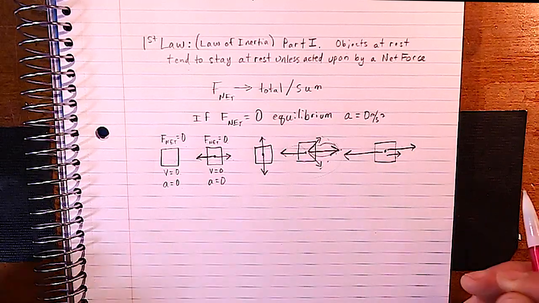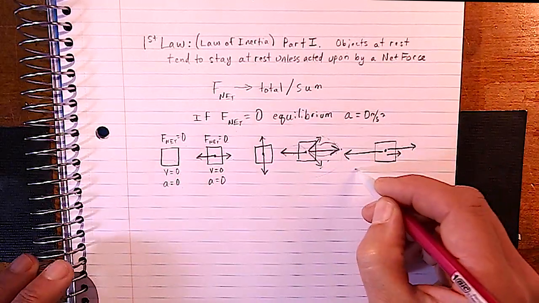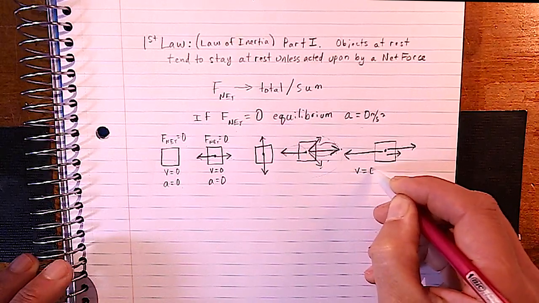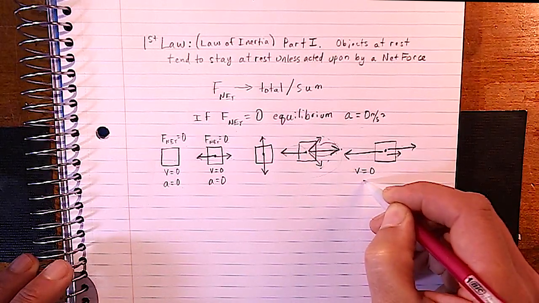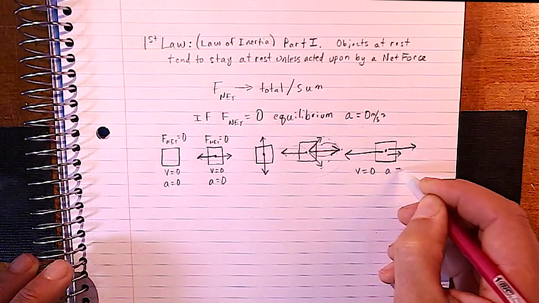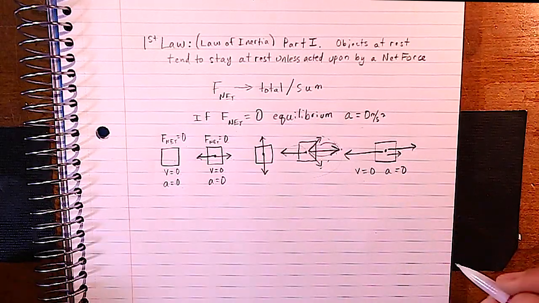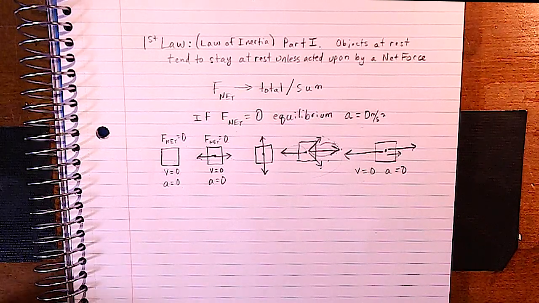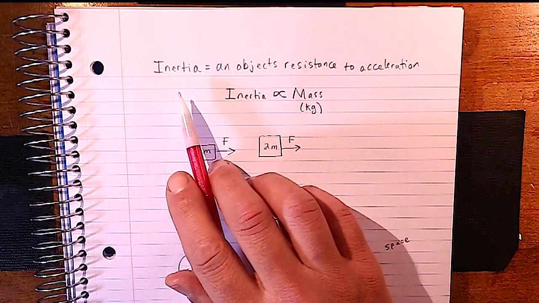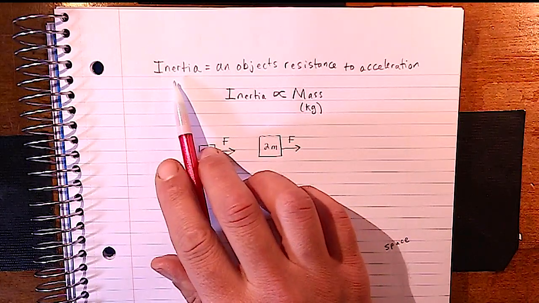I just want to stress that the first part of this law only deals with objects at rest. If it's already at rest, the net force is 0, then the acceleration is 0. The second part, part 2 of this law, deals with what happens when the object is already moving and the net force is 0.